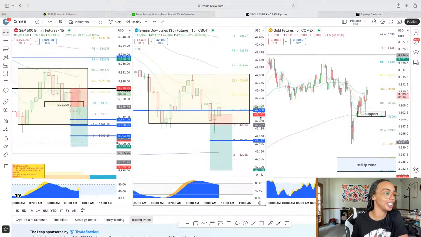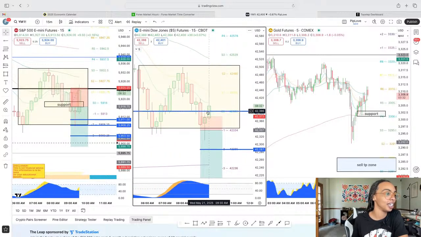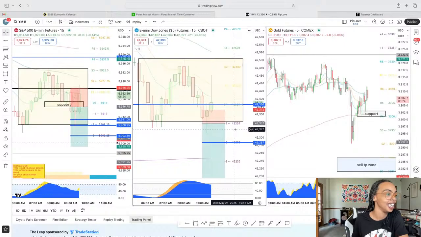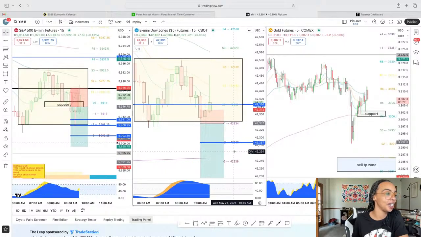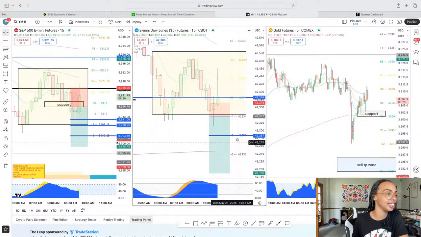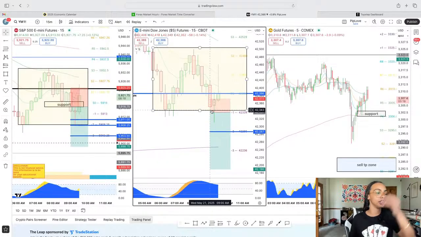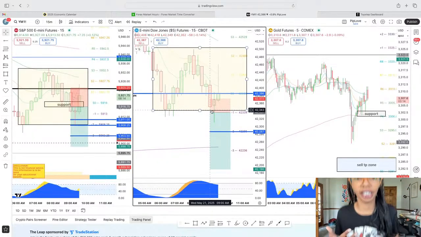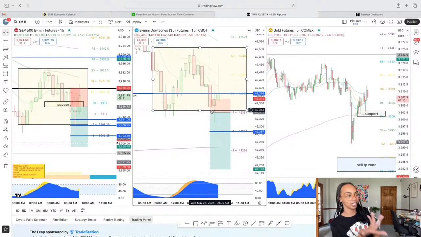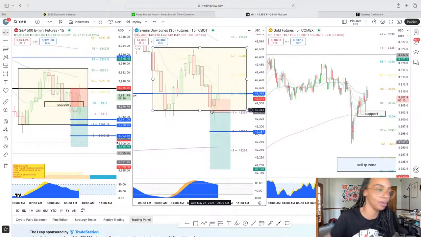It looks like it's coming down here, kind of wicked us out. Could have gotten a nice entry if we were coming in for the sell up here because it came straight down. And we had these areas marked off. We had this trade here. We were getting in this entry. So a lot of times, unless my trade has been invalidated, right now, it got wicked. I was wicked out of this trade.